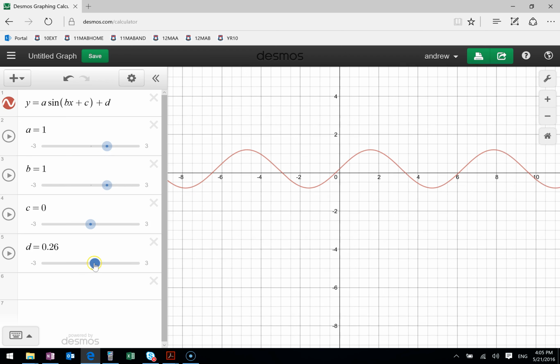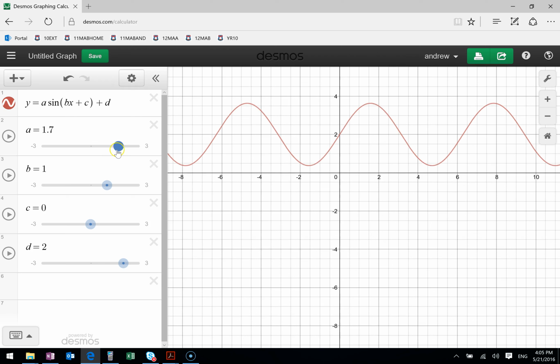We'll choose D first. What D does is shift it up or down. So if I have a D value of, say, 2, instead of the function going through the x-axis, it will go through the line y equals 2 as the average value. And then I could also have an amplitude of 2 here, and we can see an average value of 2.